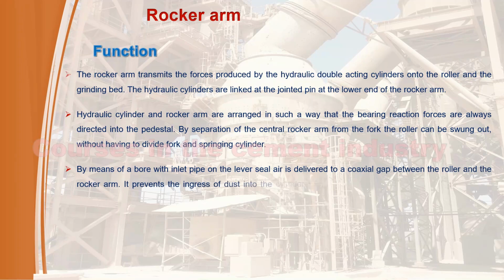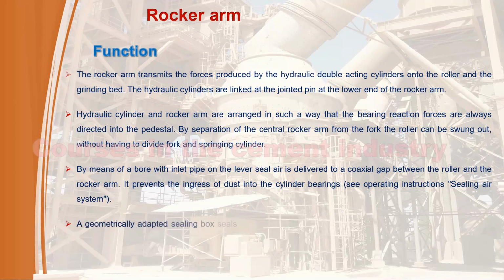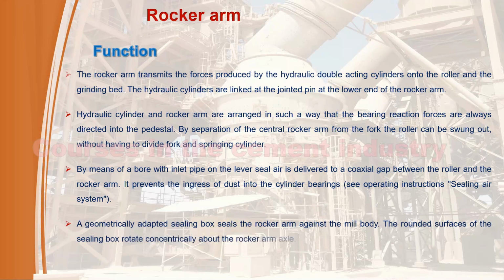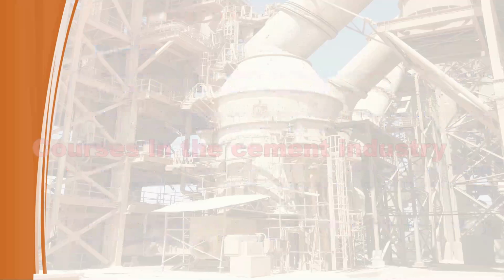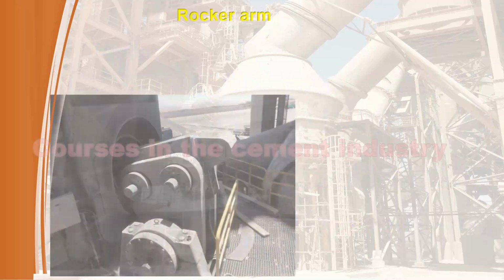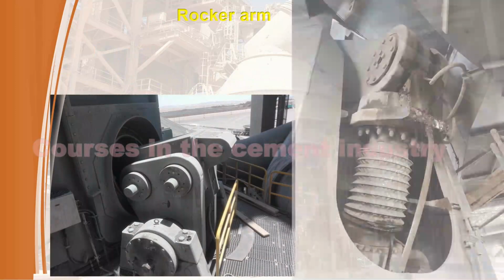It prevents the ingress of dust into the cylinder bearings, sealing air system. 4. A geometrically adapted sealing box seals the rocker arm against the mill body. The rounded surfaces of the sealing box rotate concentrically about the rocker arm axle. Here are some pictures and videos showing you the rocker arm.